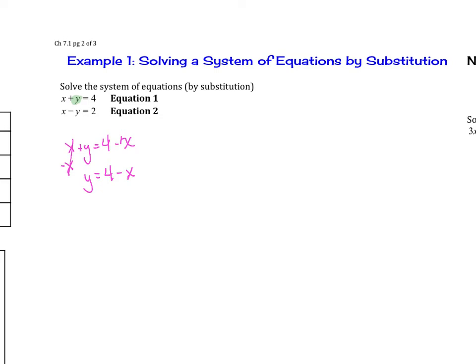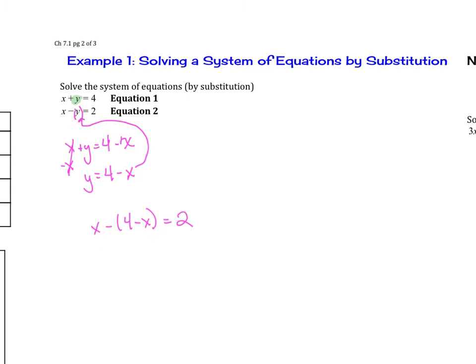What I'm going to do with this y equals 4 minus x is substitute it into the second equation. So x minus (4 minus x) equals 2, and then we'll solve. One thing to check as you're doing this is that you should have only one type of variable once you plug it in, since we're working with two variables.